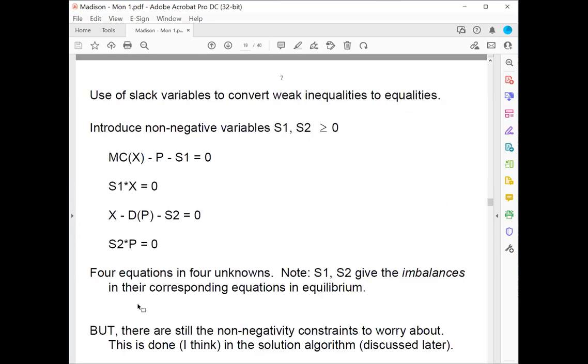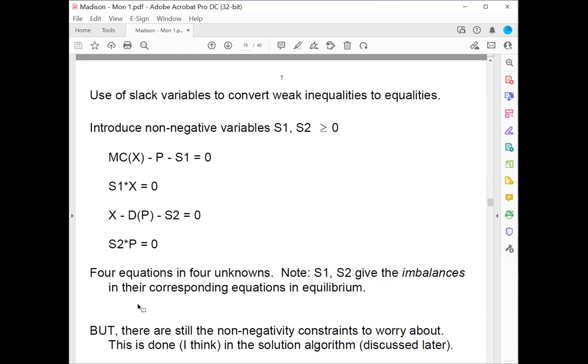So my simple view of KKT, and I think Tom can correct me on this, is the way that these things are handled in the MCP solver. KKT says, well, you add a number of added variables and added equations, and you convert the inequality nature of the problem into actual equations.